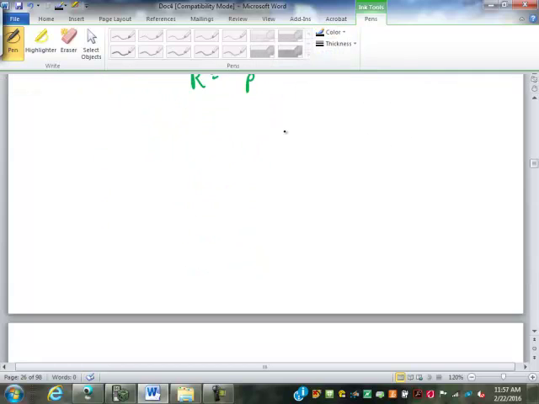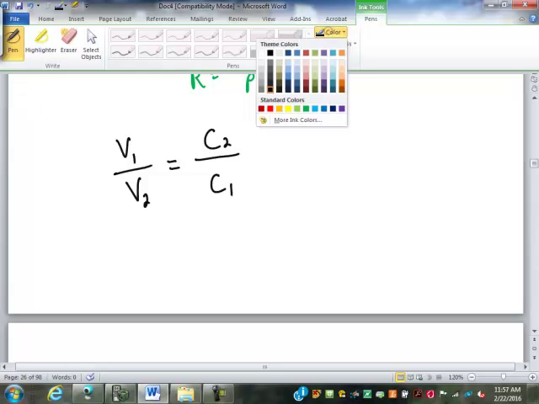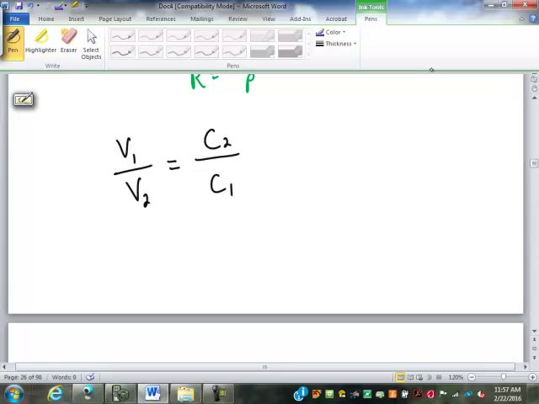Or we could run into V1 over V2 equals C2 over C1, a concentration ratio, an inverse ratio of concentrations. Saying when the concentration increases, the volume has to decrease.